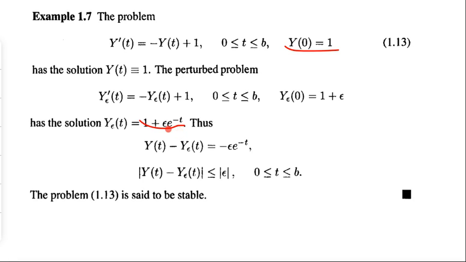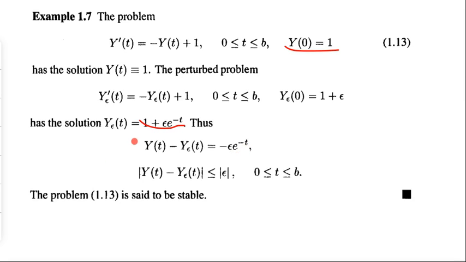Now, let me consider the difference between the solution of this perturbed problem and the solution of our main problem. y minus y epsilon will be minus epsilon times e to the minus t.